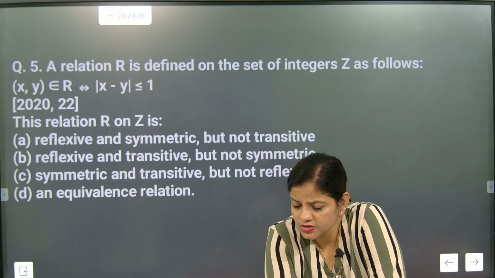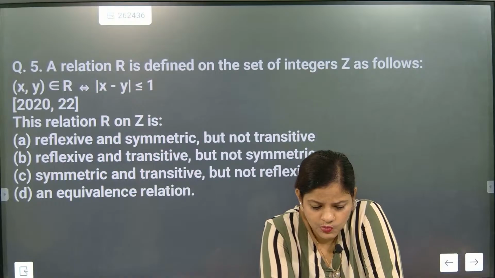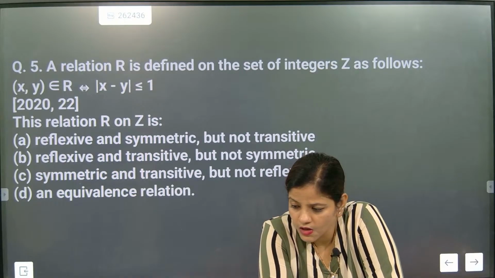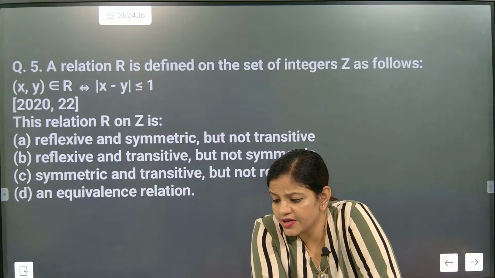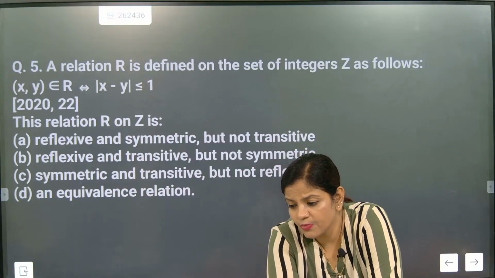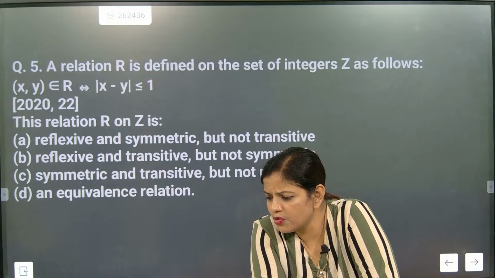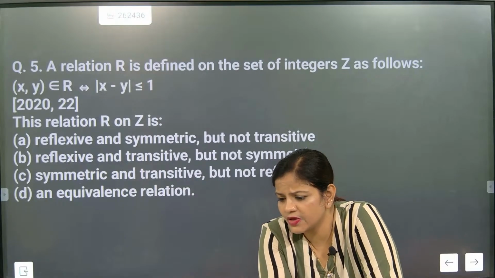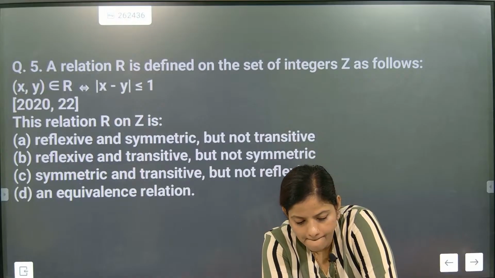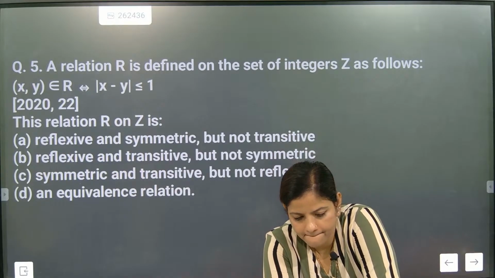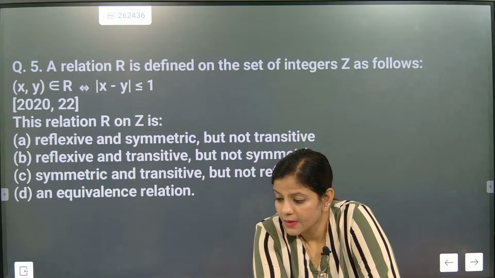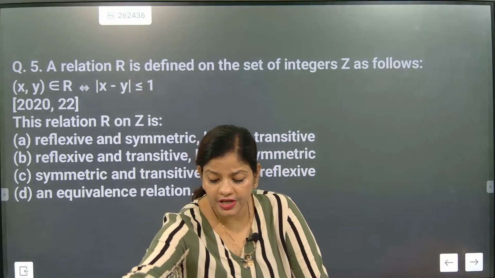Come on everyone, start solving this question. This question came in CBSE 2020 and 2022. Think about how important this question is for you, for proving it. They will give this question for proving, so please do this question very properly.